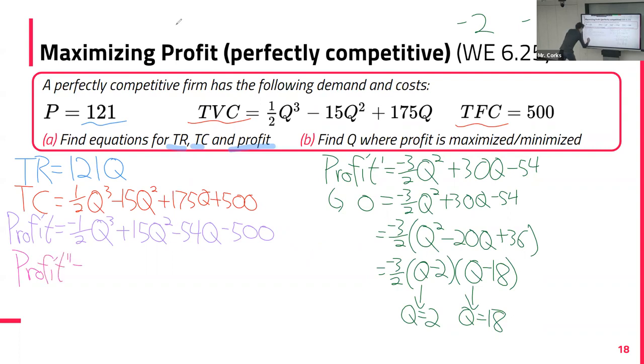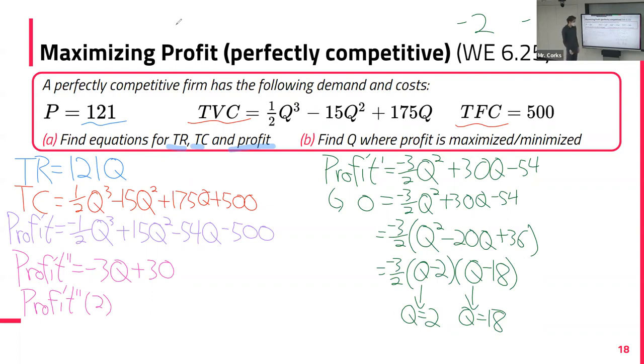Profit double prime, what is our second derivative? -3q plus 30. Okay, and we'll take our two q values and substitute those in here. So the second derivative of profit when q is equal to 2 will be -3 times 2 plus 30.